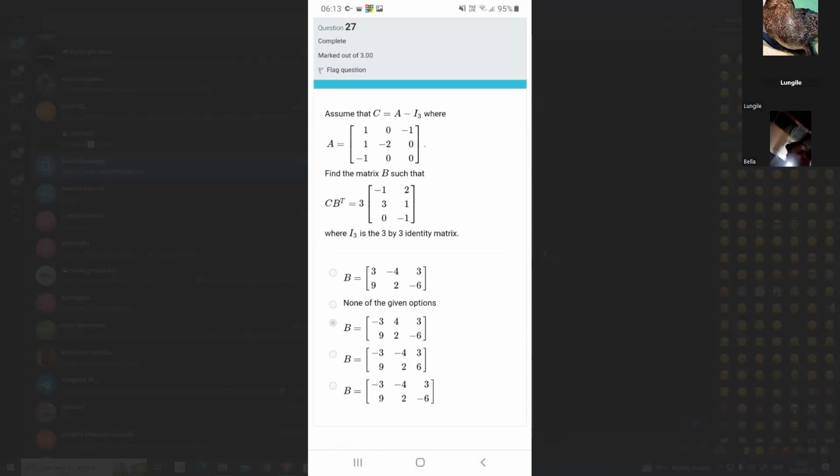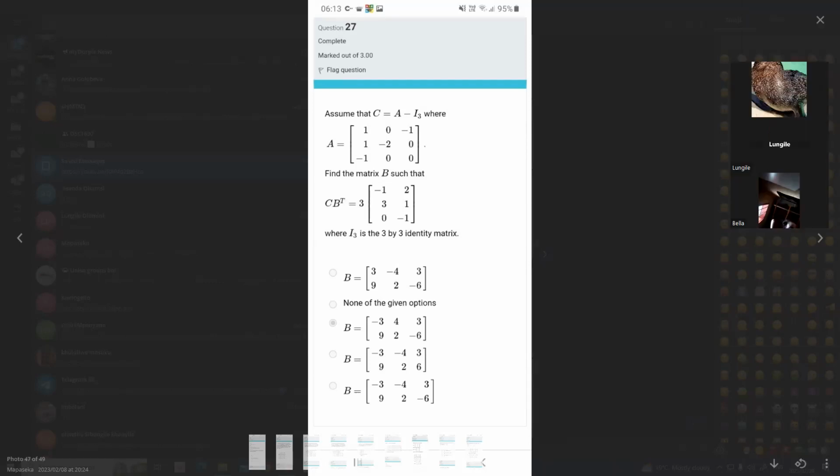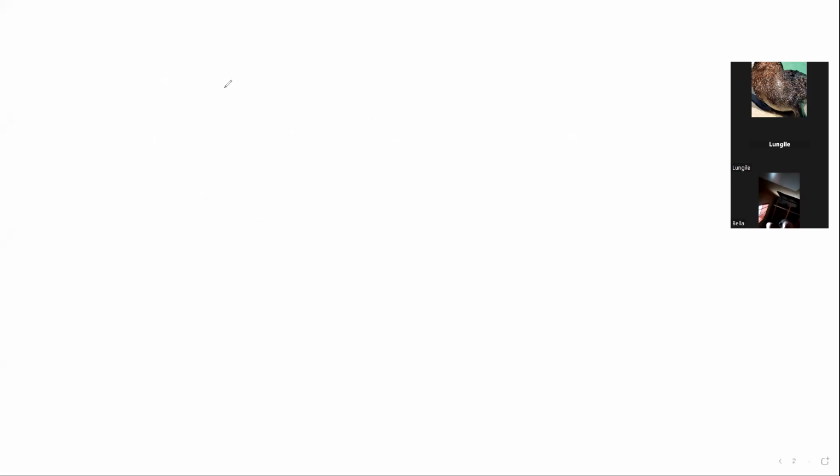Vt is equal to 3, minus 1, 3, 3, 1. Oh, we have A is equal to 1, 0, minus 1, 1, minus 2, 0, minus 1, 0, 0, right?